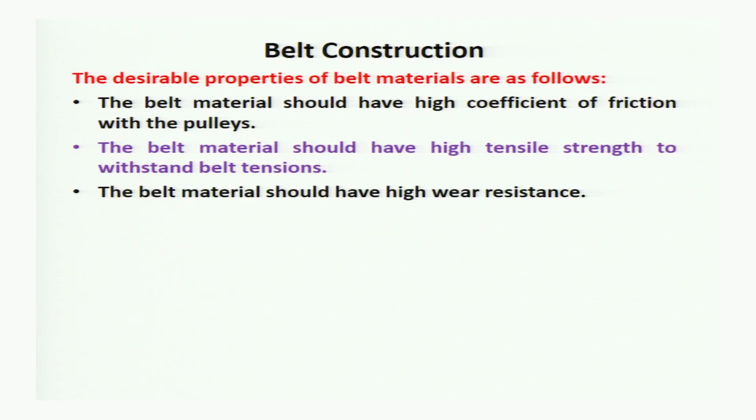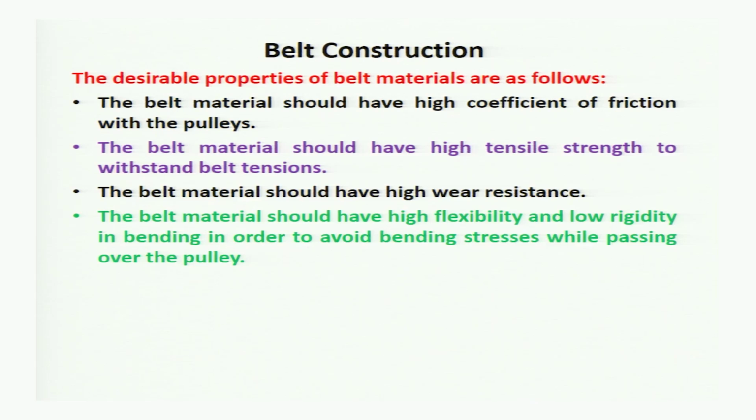The belt material should have high wear resistance. It should have high flexibility and low rigidity in bending in order to avoid bending stresses while passing over the pulley, because on the pulley the belt has to pass like this. There will be the bend, so it must be flexible and it must have a low rigidity in bending in order to avoid bending stresses.